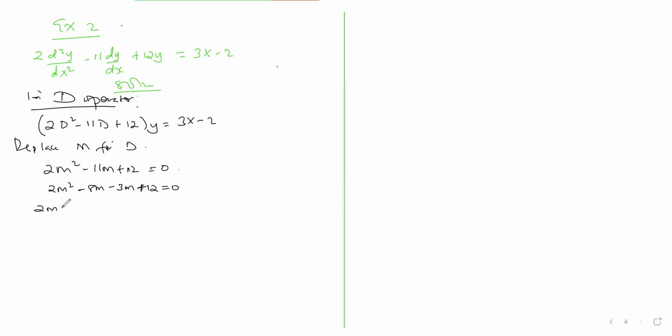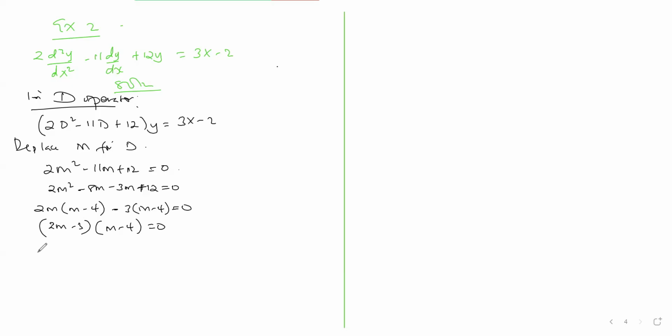We have 2m, then m minus 4. Then what is common here? We have 3, so minus 3 times m minus 4. Remember, this bracket and this bracket should be the same. So you have 2m minus 3 and m minus 4 equals 0.